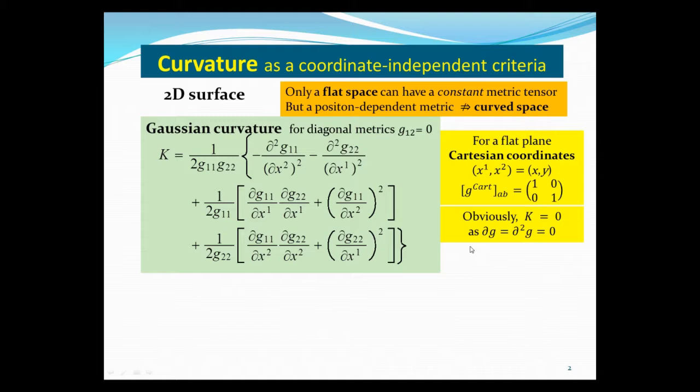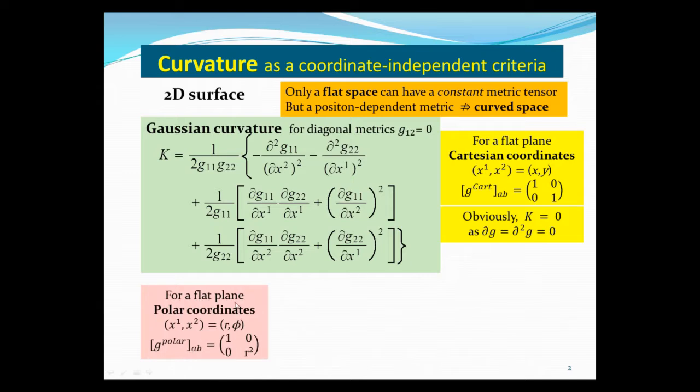I would say this is a coordinate-independent statement. Suppose that, instead of Cartesian coordinates, I use polar coordinates for a flat plane. Now I have a position-dependent metric. G11 is 1 and G22 is r squared, where r is x1, so x1 squared.